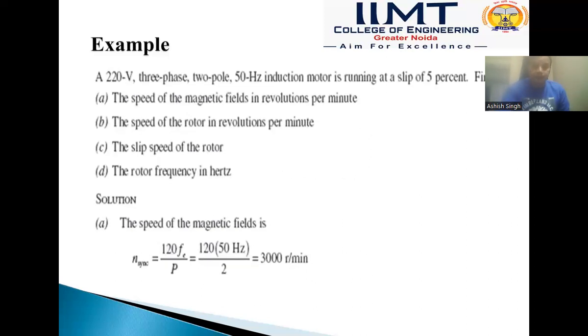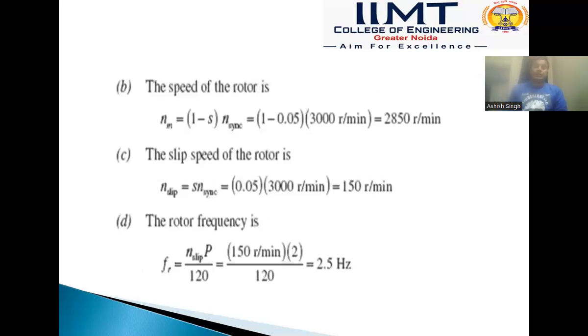Then we have to calculate the slip speed of the rotor. As we have the value of rotor speed and synchronous speed, we can easily calculate the slip speed of the rotor, or we can calculate it by putting N slip equals s times Ns.